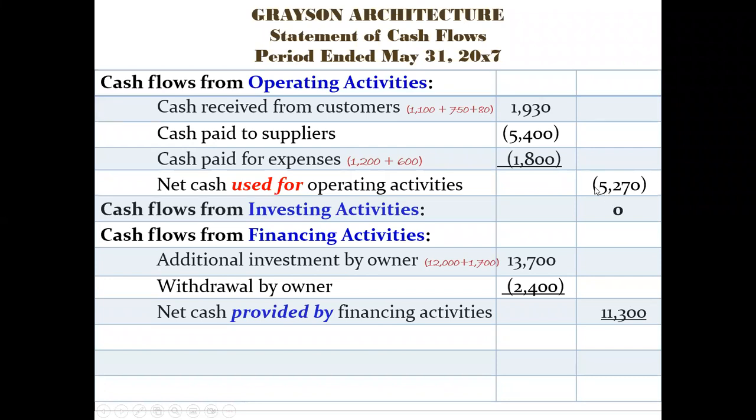So in this case, 5,270 outflow, 0, plus 11,300 inflow. What do you get as that figure? What do you notice? 6,030. Isn't that 6,030 the increase in cash that we saw in the T account?